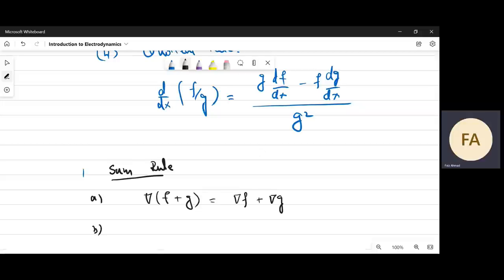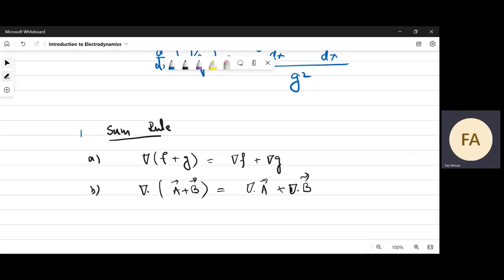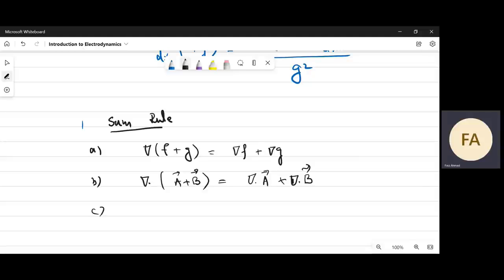Similarly, for two vectors A and B, the sum rule is del dot A plus del dot B. And the third type is del cross, where we have A plus B, so del cross A plus del cross B.